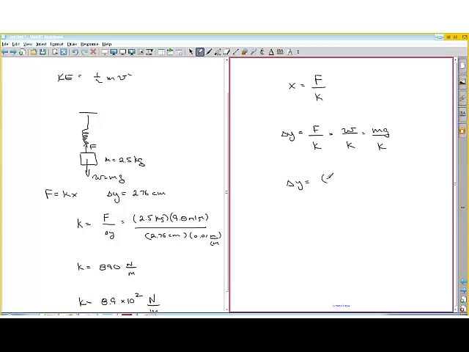So delta y is equal to the mass, which is 1.25 kilograms, times 9.8 meters per second squared, divided by 8.9 times 10 to the second newtons per meter.